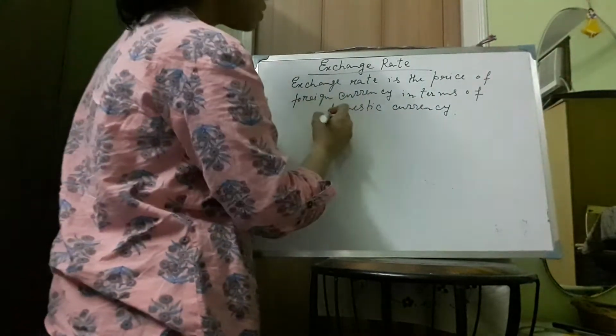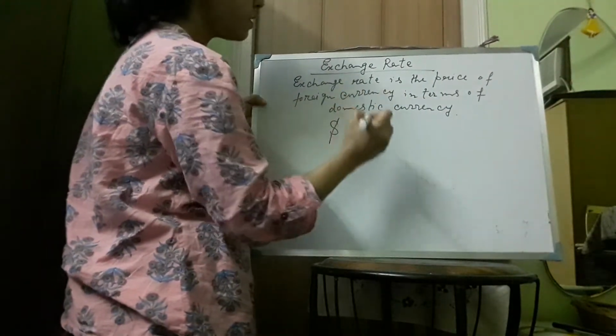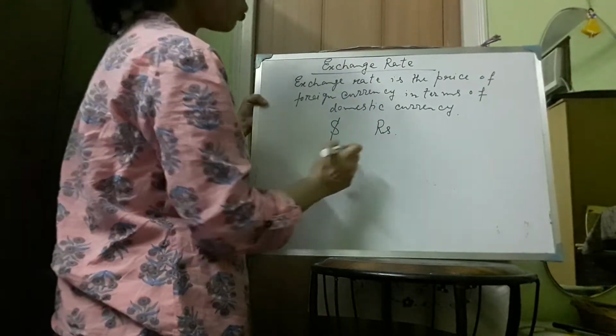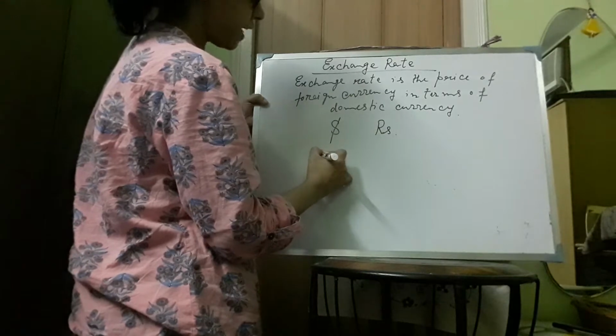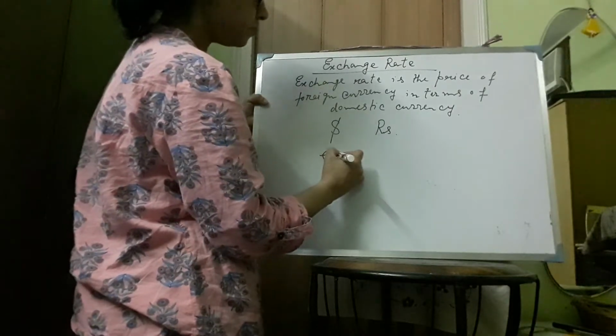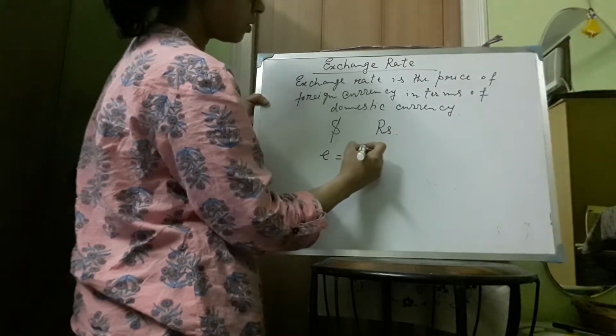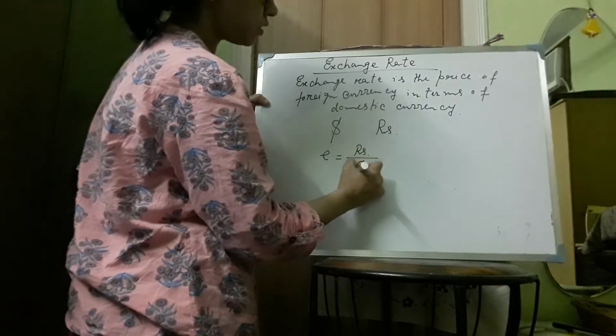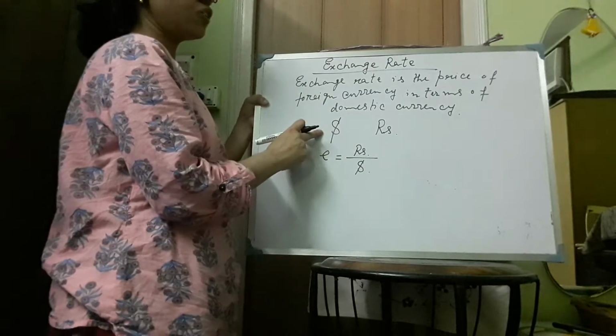So suppose dollar is the foreign currency and rupees is the domestic currency. So if exchange rate is denoted by small e, then E is equal to rupees divided by dollar. That is, what is the price of $1 in terms of rupees.